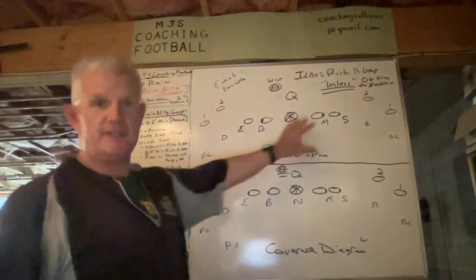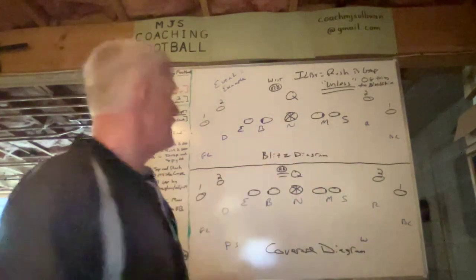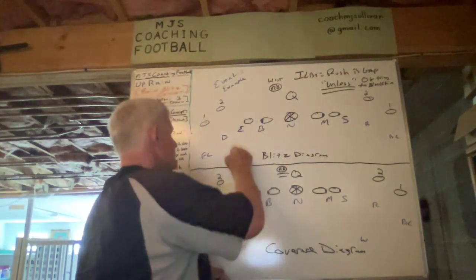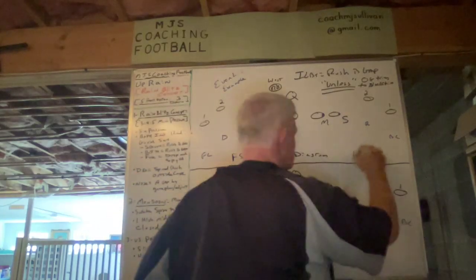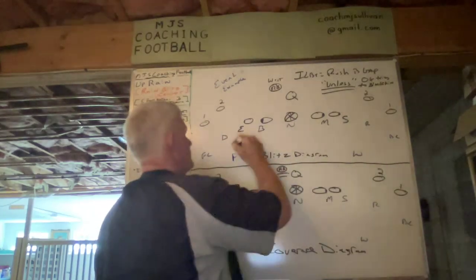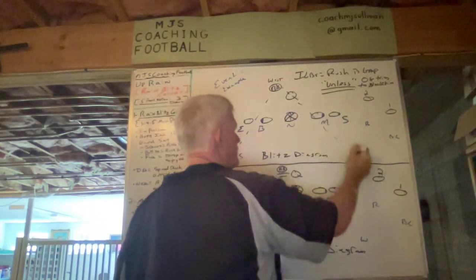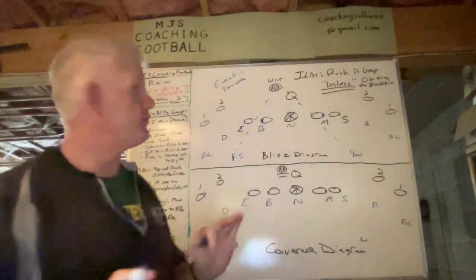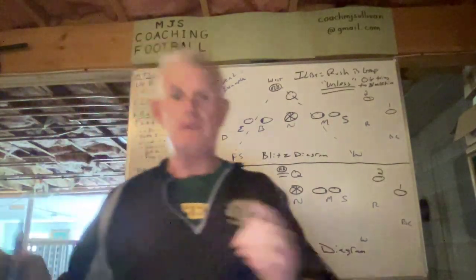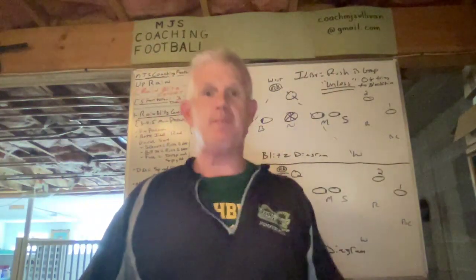We're going to start with the blitz itself. Okay, the blitz diagram. So up here, the safeties. Okay? For right now, that's all I'm going to do for you. But the two safeties, they are reading their running back.